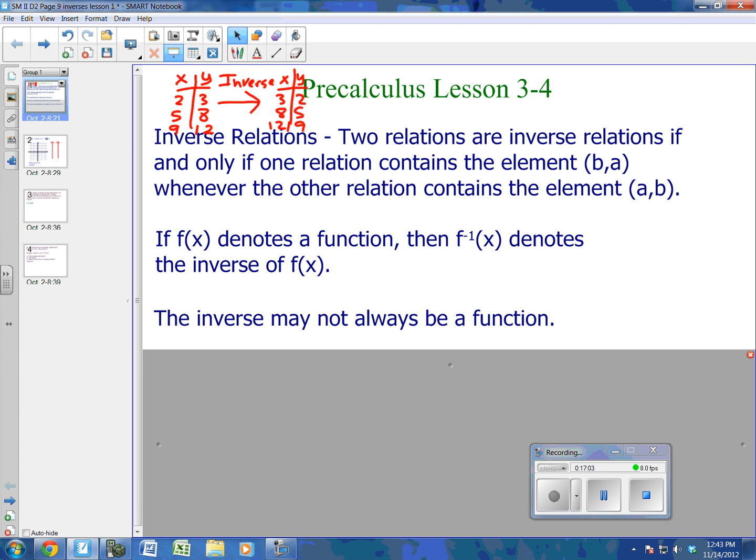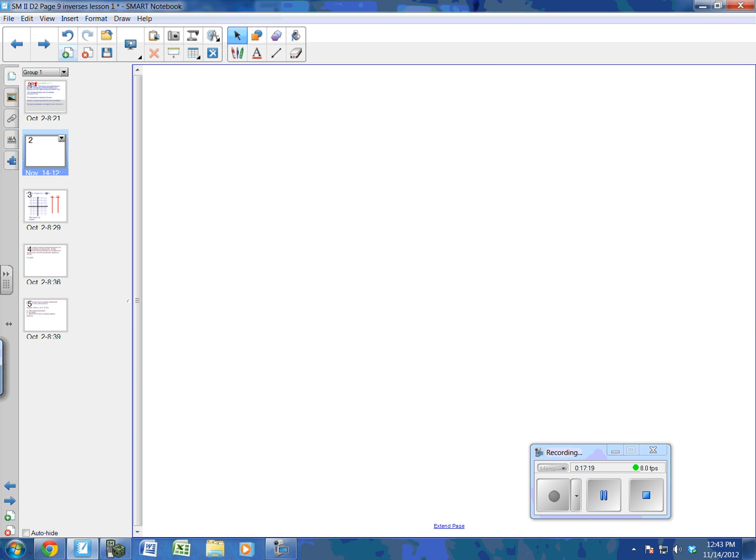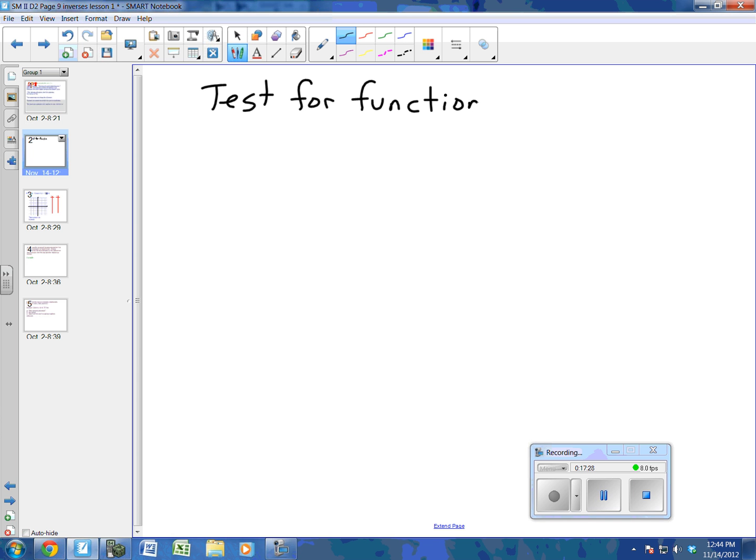Okay, if you guys were looking up at this parent function right here, you guys know how to tell whether a function is a function, right? What's the test we use to see if a function's a function? The vertical line test, okay? So I'm going to go right here. Test functions, which is the vertical line test.